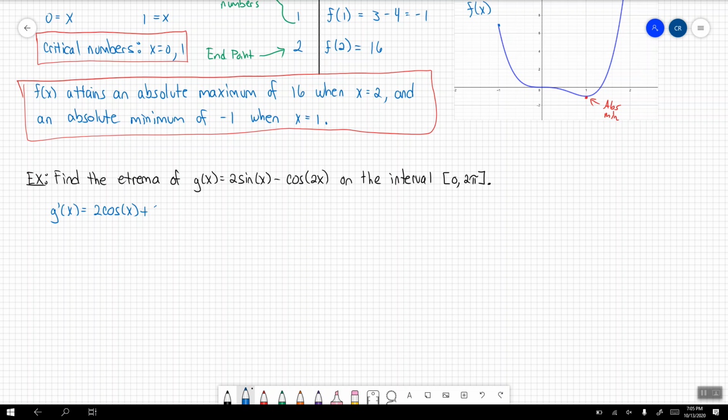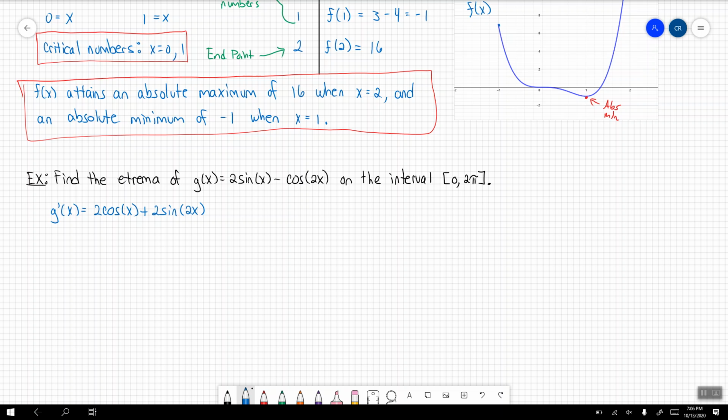And here, once we apply the chain rule, we would get 2 multiplied by sine of 2x. Oops, sorry, I said cosine. My apologies. 2 sine of 2x. There we are.